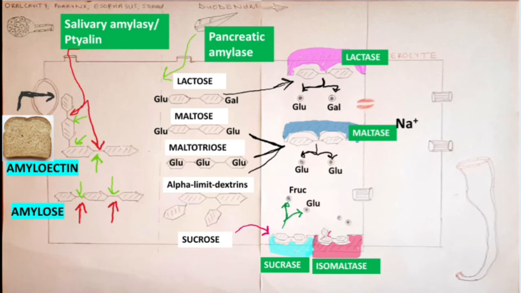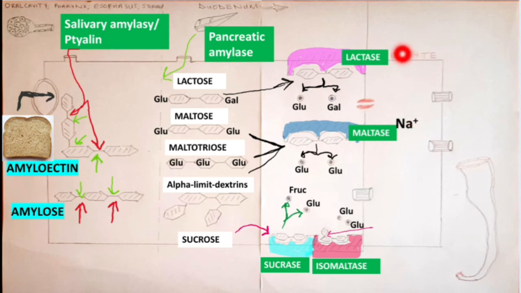Isomaltase breaks down the alpha 1,6 glycosidic bond, which is here, so this will end up giving us two molecules of glucose. So this is in the lumen of the small intestine. We have fructose, glucose, and galactose, those three, and we want to take them into the enterocyte.